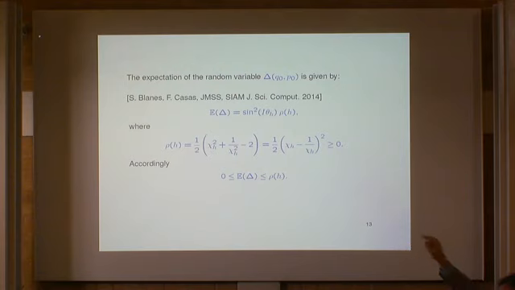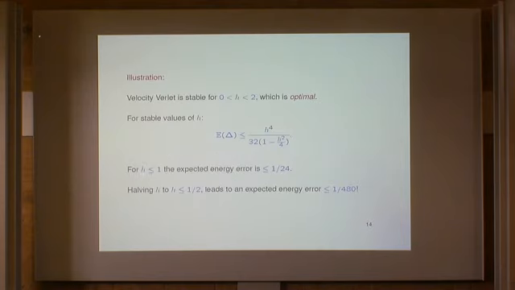So for each integrator, you compute the chi for h, and then this gives you an upper bound of the energy error. And of course, if chi was 1, then rho would be 0, and you get zero error.